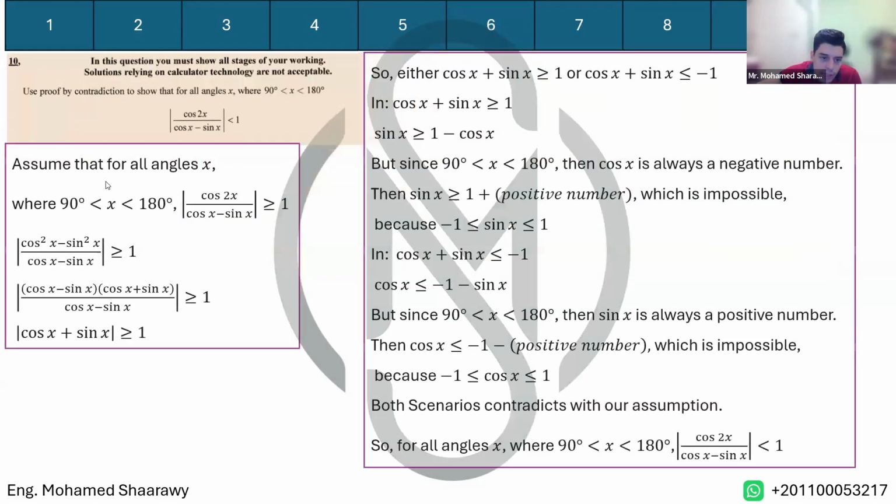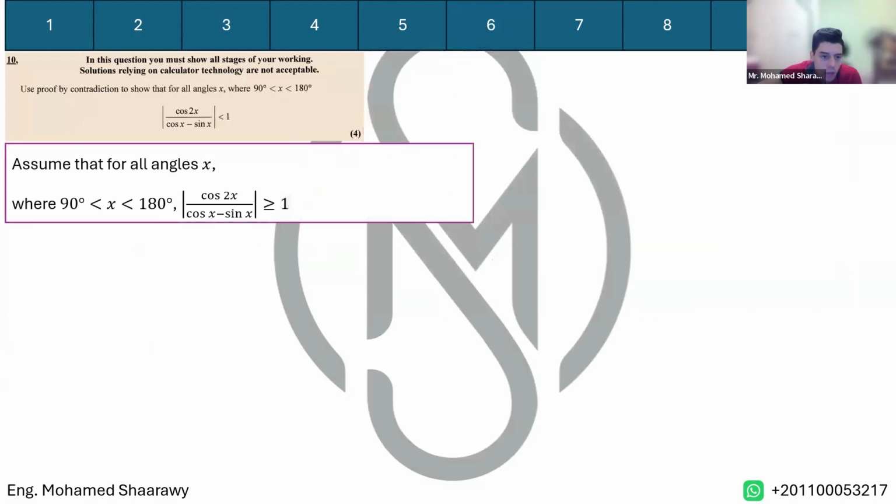So assume that for all the angles x in this region, the inequality has the exact opposite meaning, which is greater than or equal to 1. Now let's solve this inequality and try to find a contradiction while solving it.